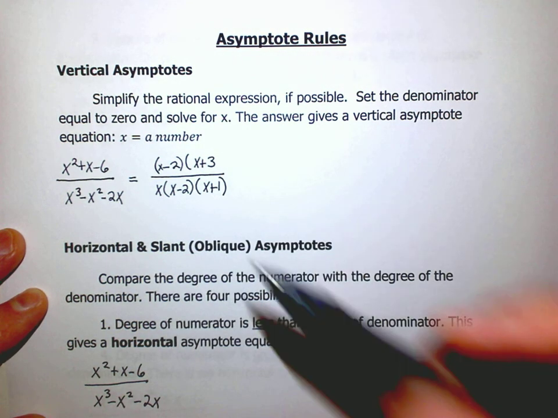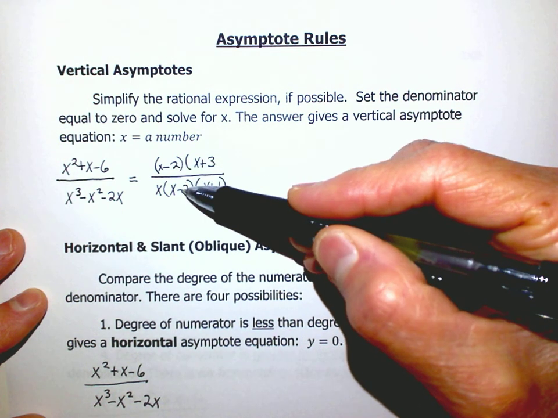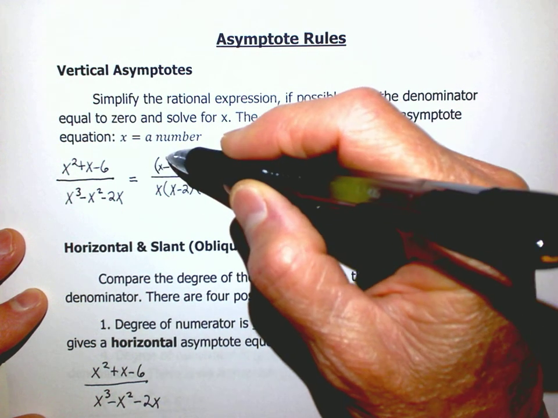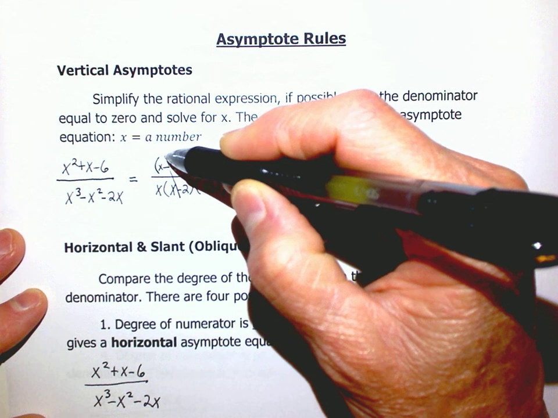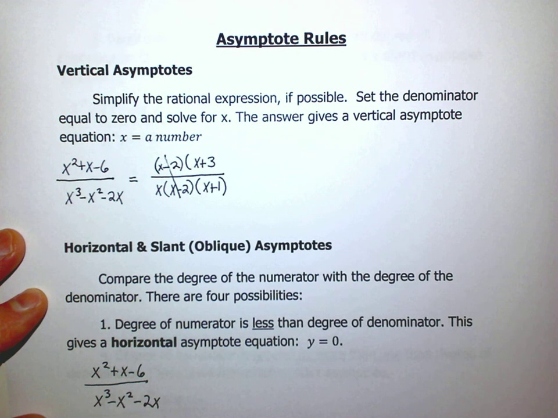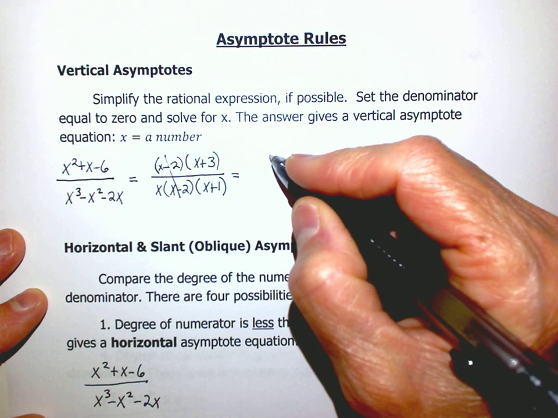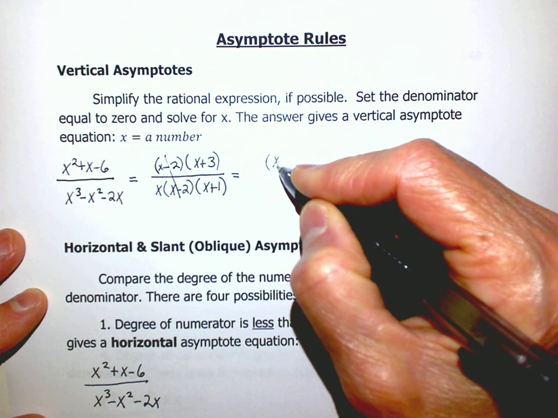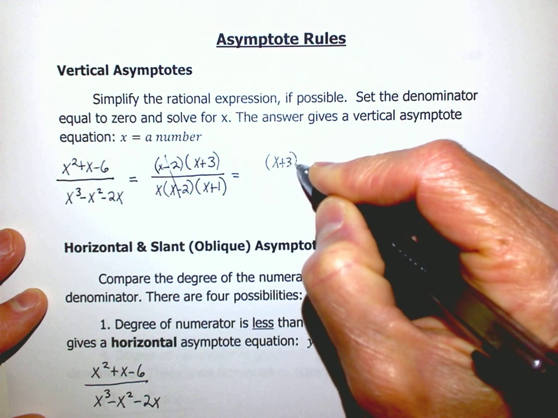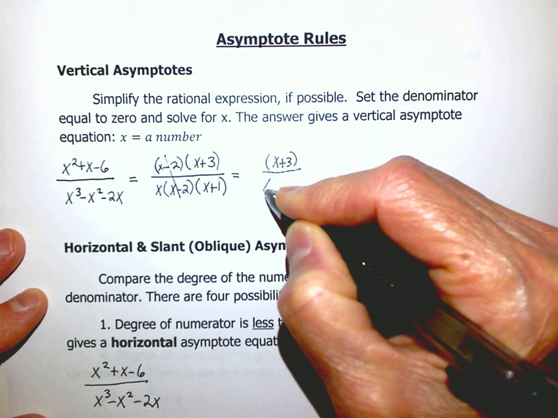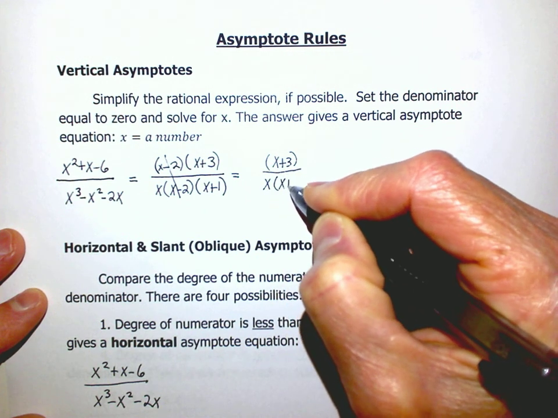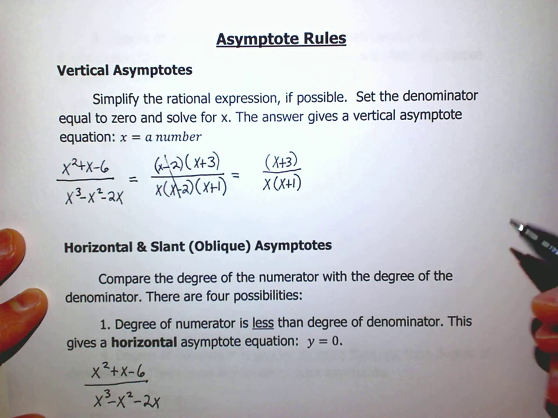And notice that we have x minus 2 on the top and on the bottom. Those can cancel. So our simplified rational expression will be x plus 3 over x plus 1.